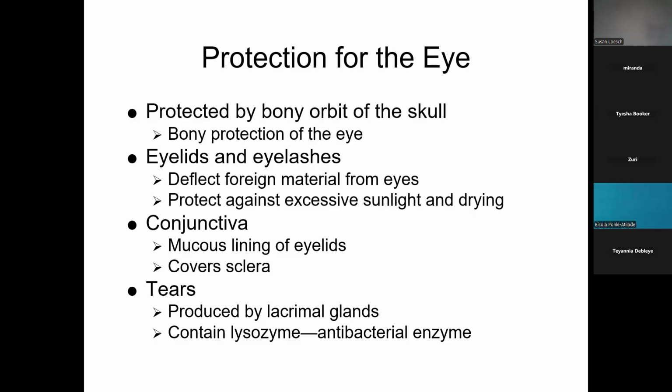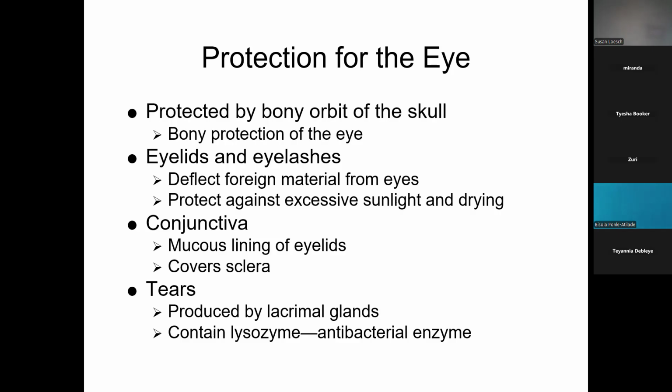Continual secretion of tears helps wash away any particles, bacteria, or anything that's irritating. In those secretions are enzymes, lysozymes, that help protect the eyes against bacteria.